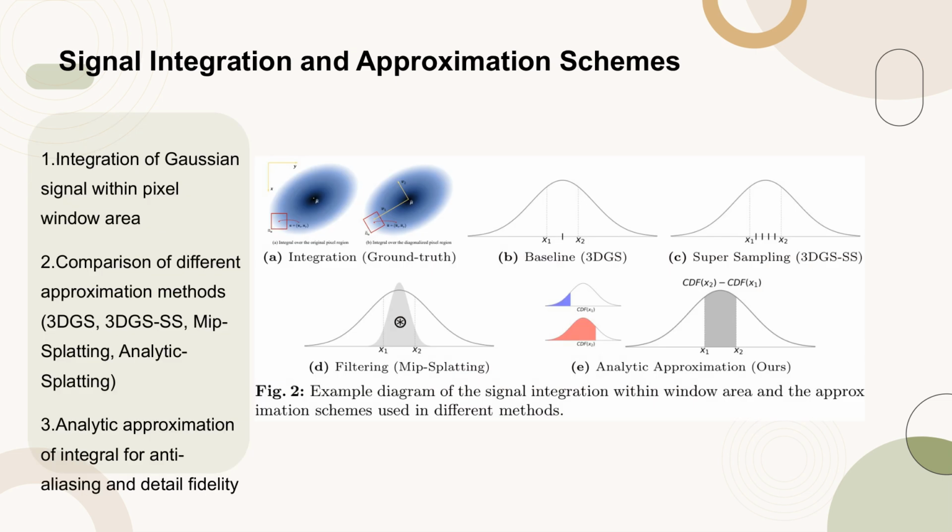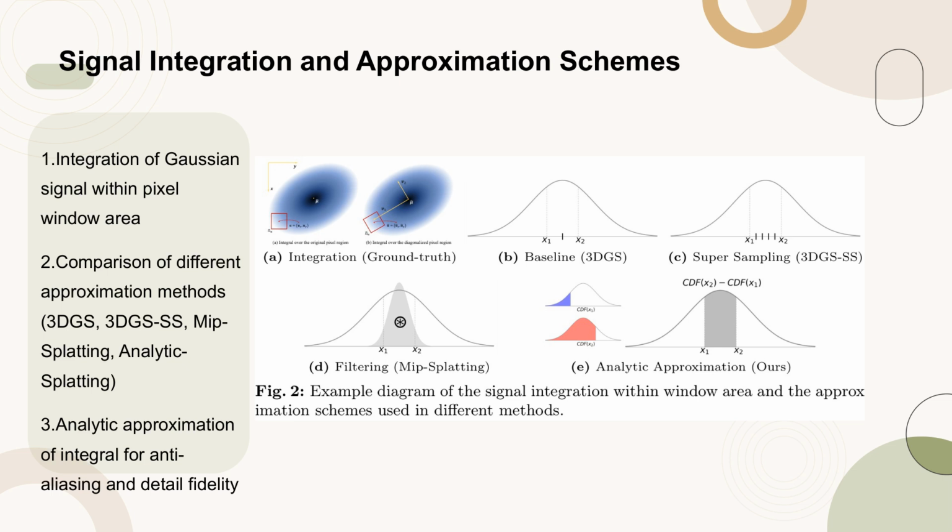3D Gaussian Splatting, 3DGS, models a 3D scene as a set of 3D Gaussians. Each Gaussian is characterized by a mean vector and a covariance matrix sigma, which is factorized into a scaling matrix S and a rotation matrix R. When transforming a 3D scene into 2D screen space, the viewing transformation involves an extrinsic matrix T and a projection matrix K. This transformation yields the projected position and covariance matrix sigma, which are used to calculate the 2D Gaussian signal G2D.